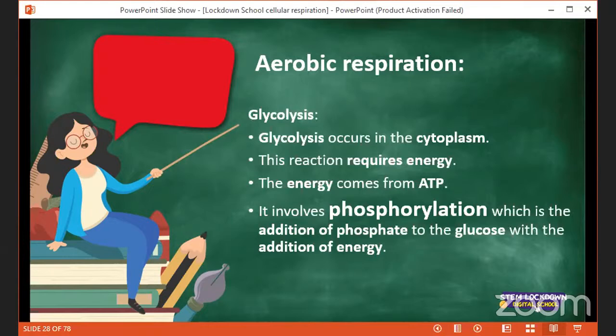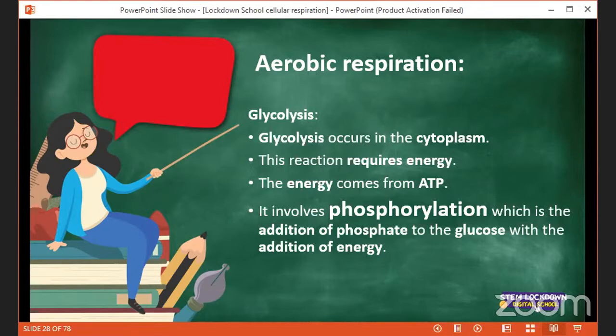So glycolysis is that we need to break down glucose in order to form energy. But in order for us to break down this particular glucose, we need energy. I think you know the saying that you need money to make money. So now let us view ATP as money. In order to make ATP through glycolysis, we need an investment of 2 ATP molecules.